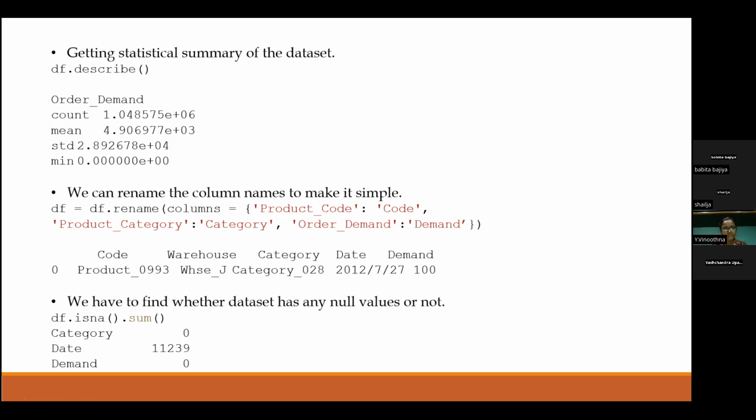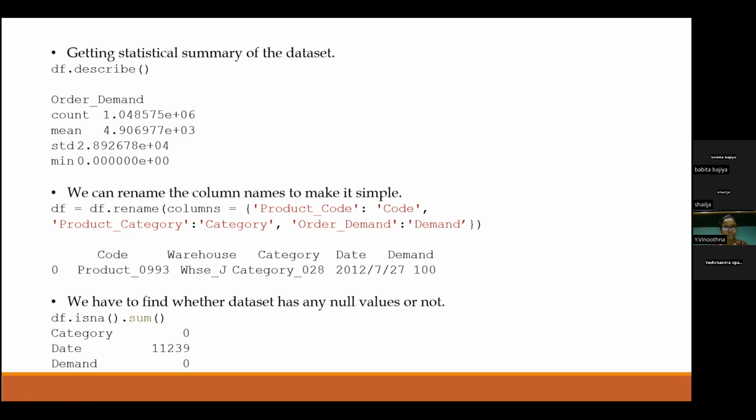And the most important step in data cleaning is to find whether the dataset has any null values or not. Because if the dataset contains any null values, our machine learning model may not be able to fit the data, so the accuracy may reduce. So we have to find the null values and handle them.